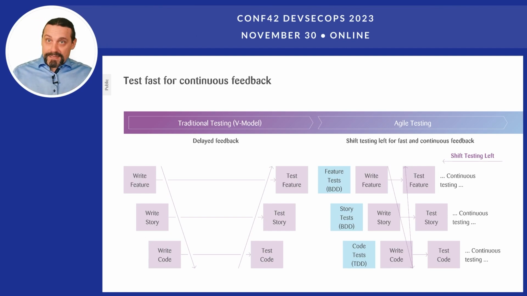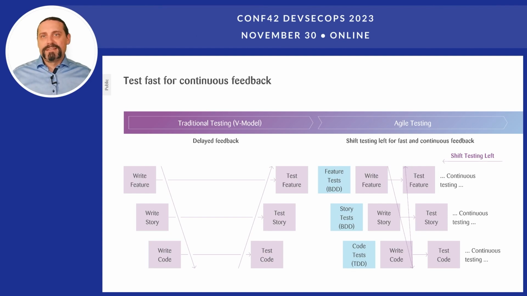And this, what we are doing there, is called test-driven development. So we write first the test. Even when we don't have the acceptance criteria in a BDD form, we should always write first the test, then the implementation, and then do the refactoring.